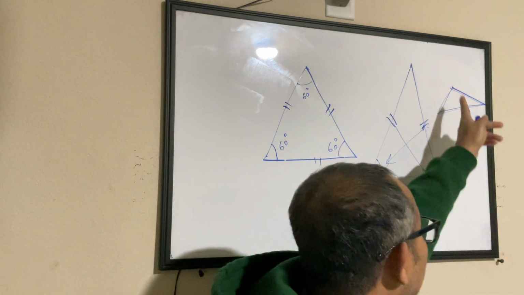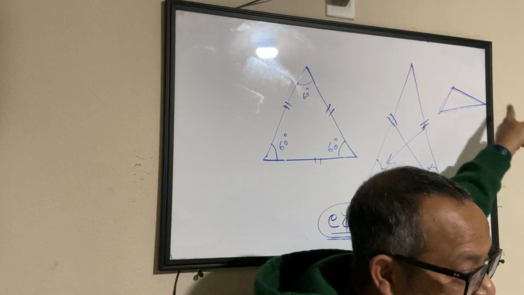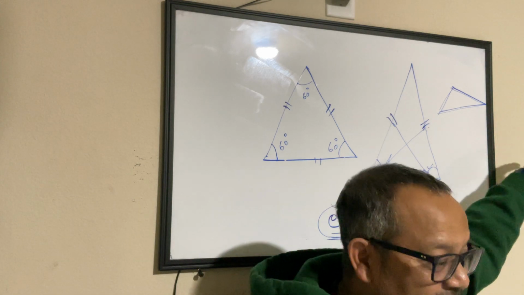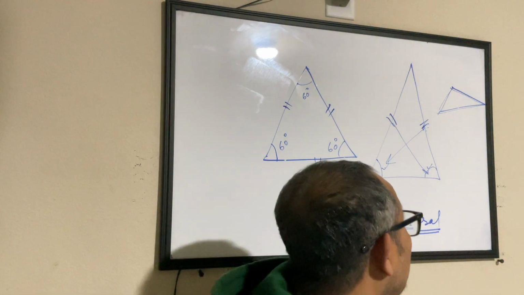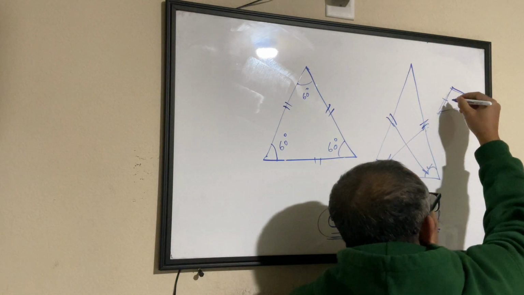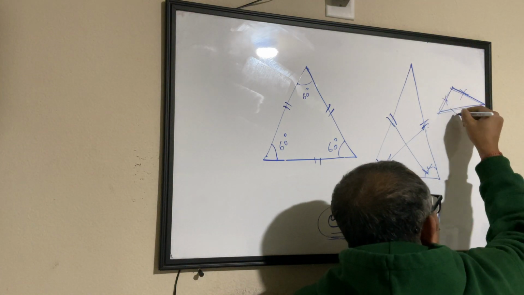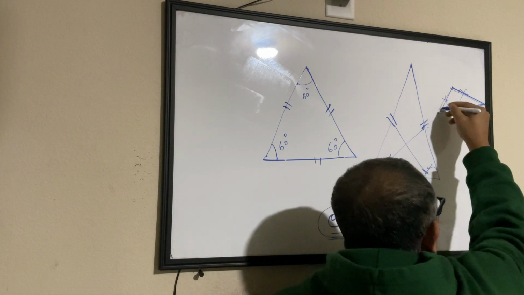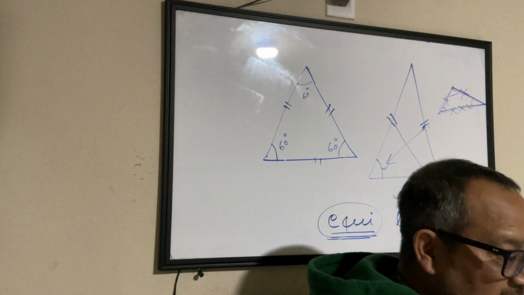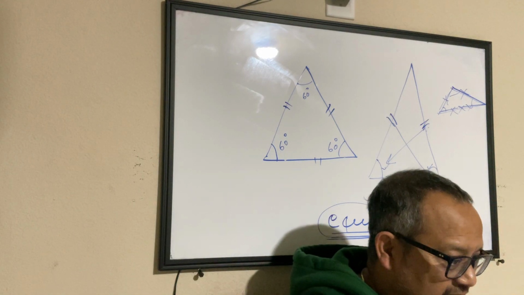So these are the three friends with different heights basically. So scalene triangle is a triangle where all the three sides are different. And if the sides are different, angles are also different. This is what we learned yesterday.